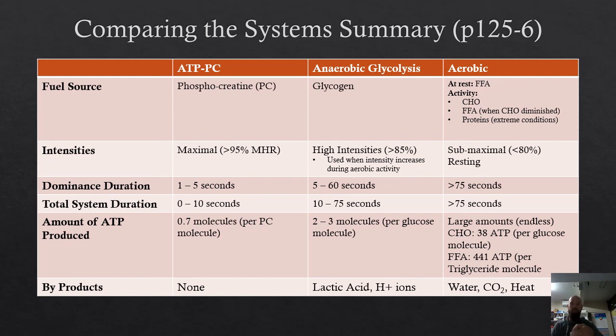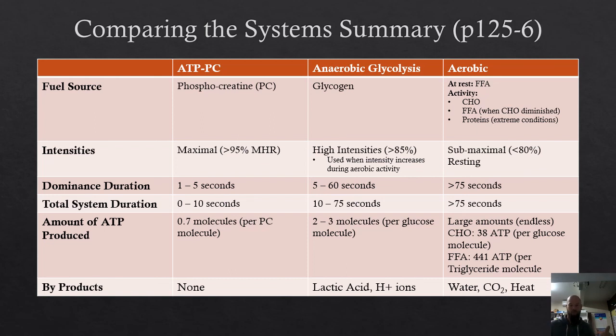So the difference between the dominance and the total system duration is the point at which, let's use the ATP-PC system as an example, it might go for 10 seconds, or the numbers vary. It could be 10, it could be 30.